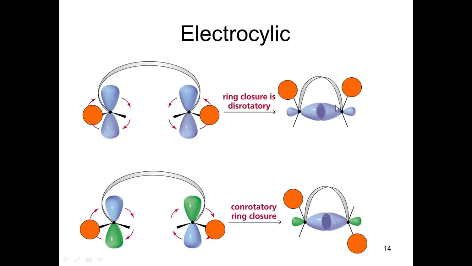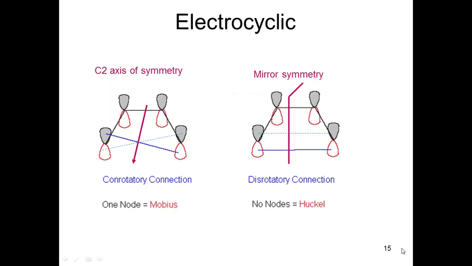It is arranged in this ring closure, disrotatory like this, right? Another one is the conrotatory ring, where the molecule has oppositely ring closures, right? So see here the blue color of orbit and the green color of orbit. It is oppositely joined, right? Then it is electrocyclic.